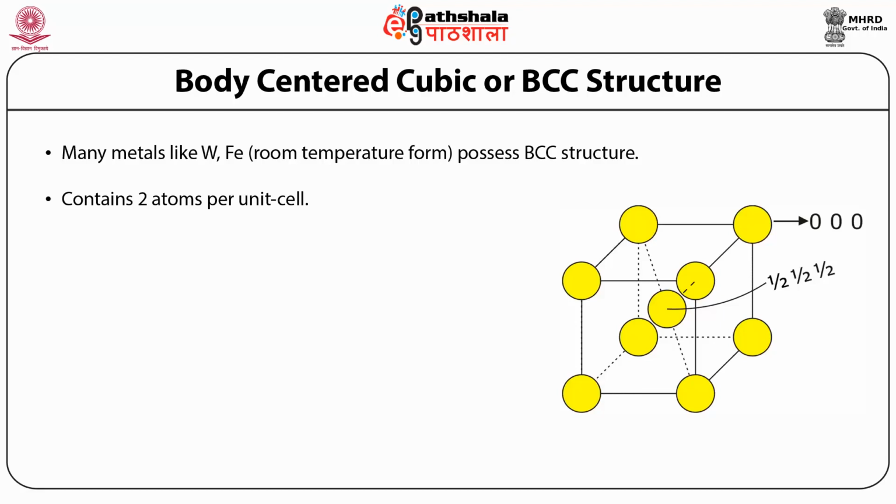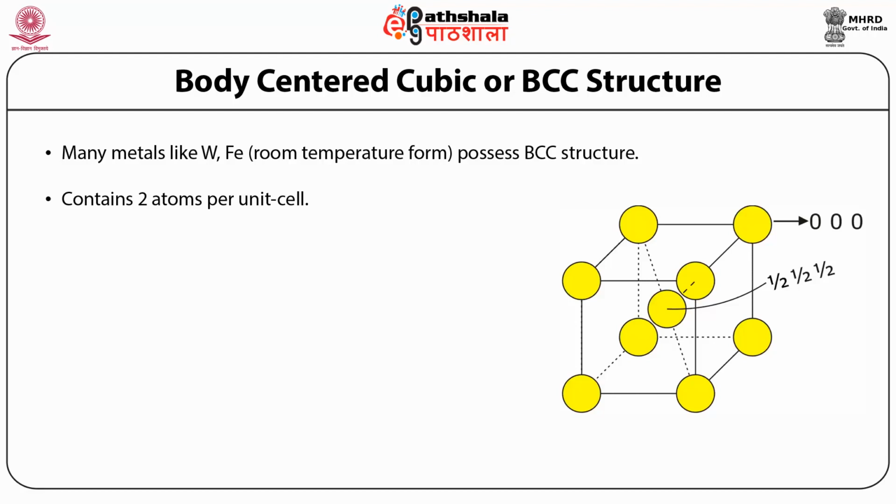You may be confused about how two atoms are present per unit cell, so let us analyze this figure. In the diagonal element, you can see that there are three atoms. If we take center to center distance, two atoms are forming a unit cell. Thereby, we are saying that it contains two atoms per unit cell.